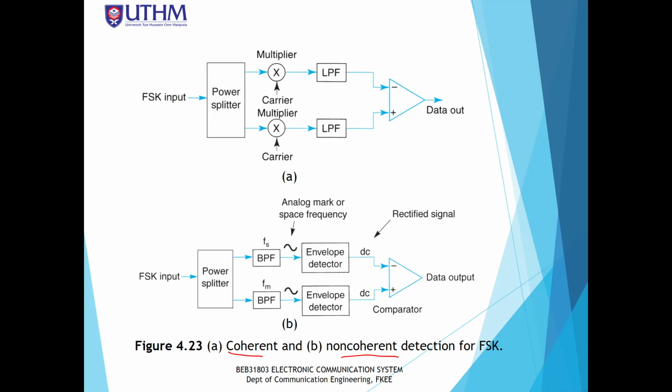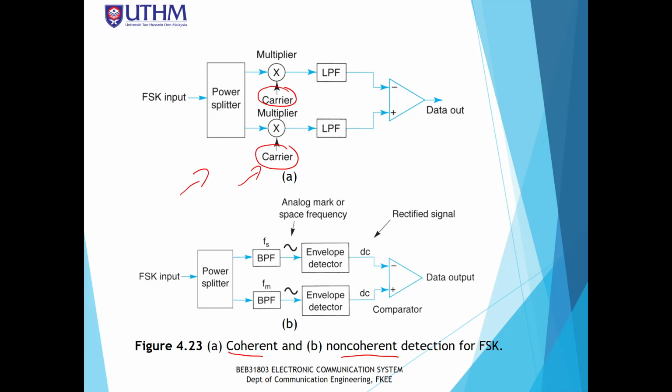Okay, so coherent, gambar yang atas ini adalah coherent. So dia melibatkan external signal, melibatkan proses modulation ataupun proses darab dengan external signal. Dalam kes ini adalah carrier. Carrier yang digunakan di sini adalah carrier frekuensi yang sama digunakan dalam transmitter.